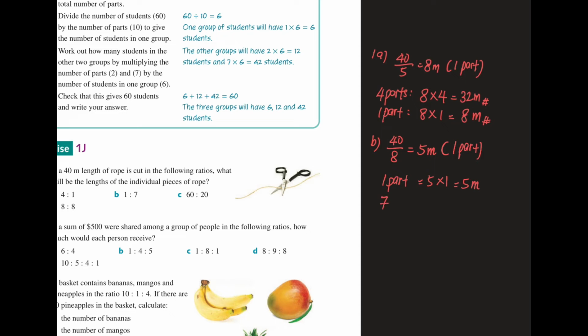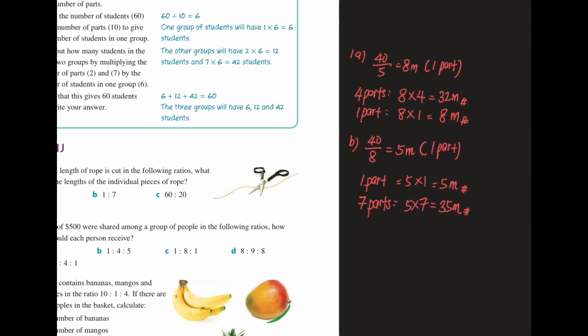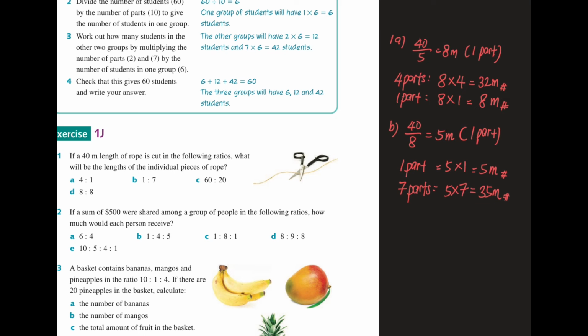Then you get 5 meter again. Then 7 parts, we have 5 meter times 7, then we get 35 meter. Okay, so these are the answers. 5 meter to 35 meter.